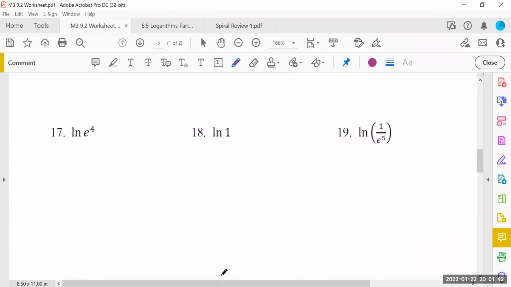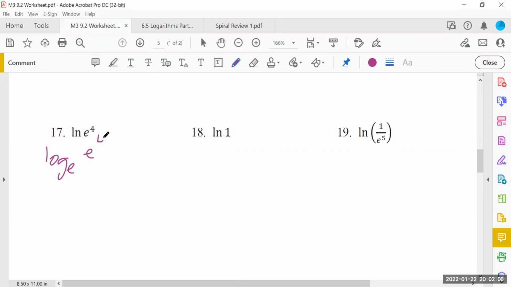Okay, and now we have some natural logs. If we had been doing this all together, I would probably have skipped the natural logs right now. But because I was letting you guys watch a video of the Math 3 lesson from a previous time, you guys got to see natural logs. Hopefully they made sense. The idea is a natural log literally just means log base e of whatever's inside.